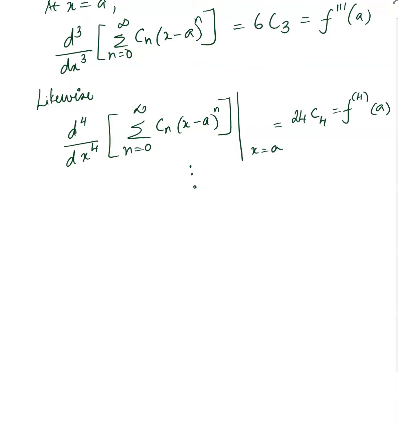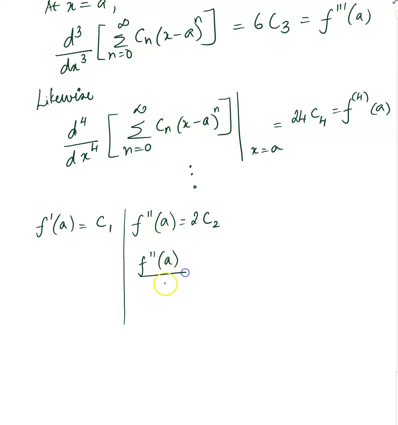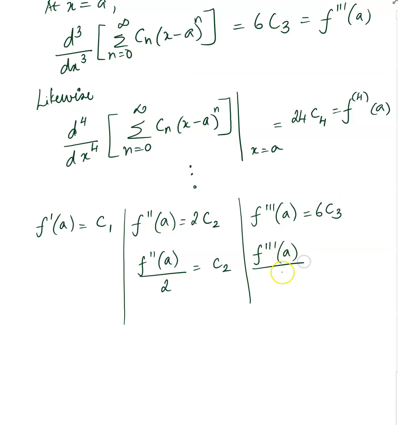Let's just explore what we have at hand. f prime of a was c1, so that's good. f double prime of a was 2c2, so if I just wanted c2, then I have f double prime of a over 2 equals c2. And then f triple prime of a is 6c3, so if I divide by 6, I get c3.